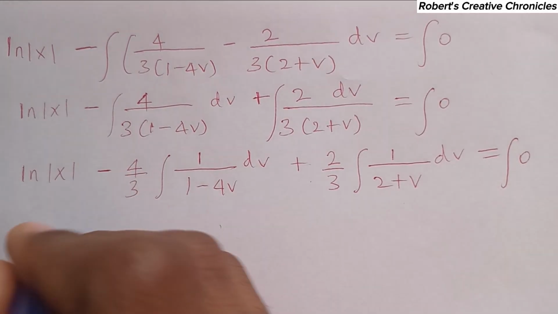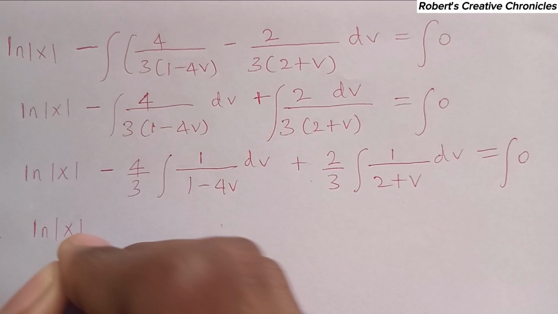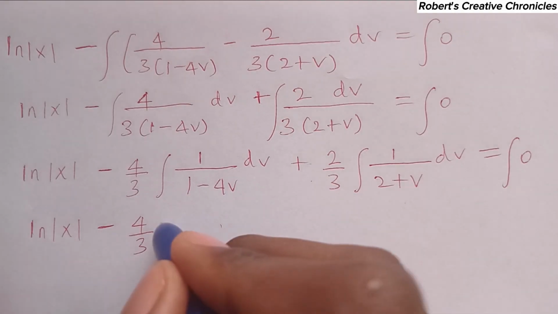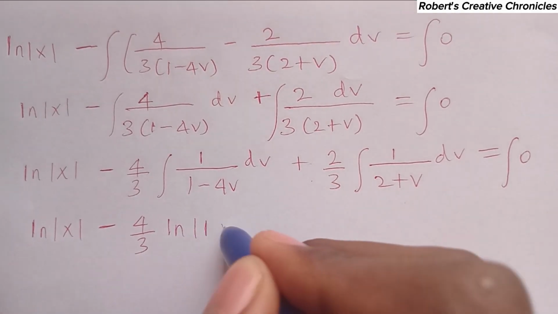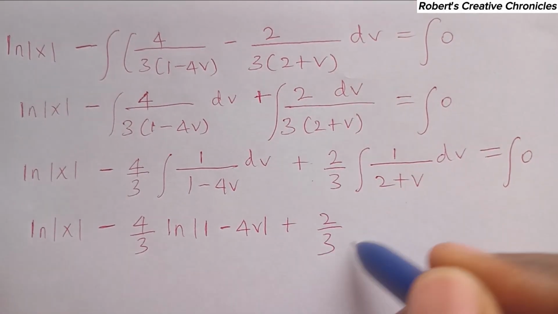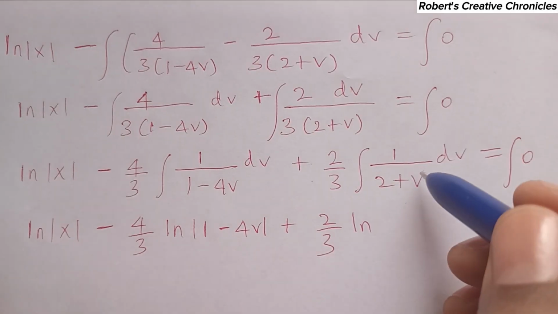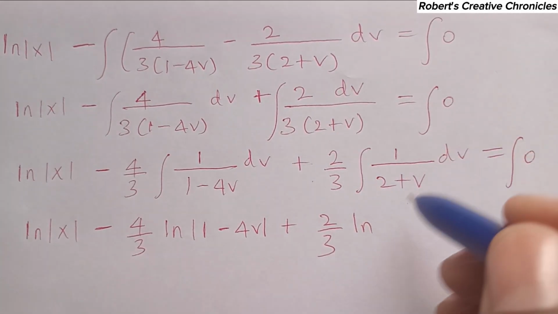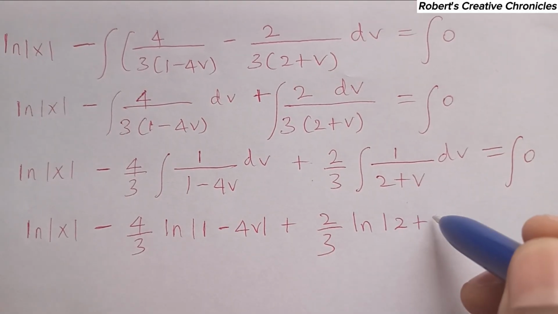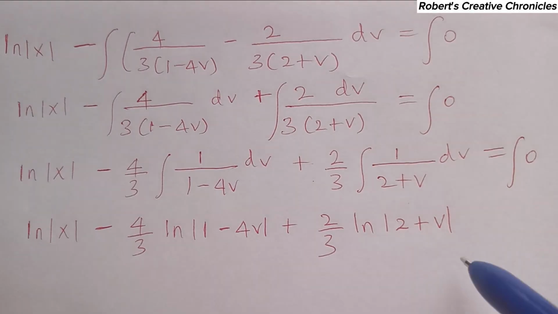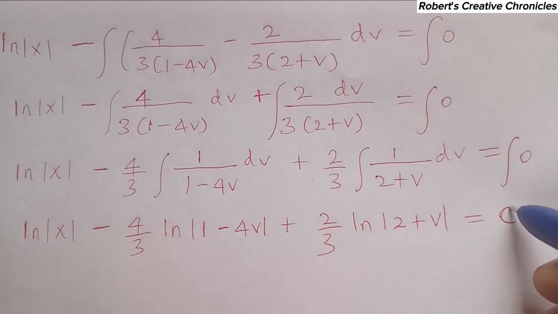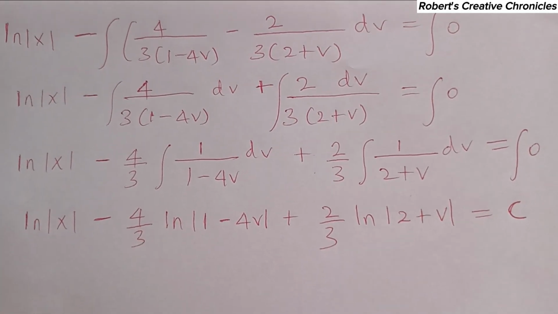So now, ln x minus 4 over 3, the integral of this is ln of 1 minus 4v, plus 2 over 3, the integral of 1 over 2 plus v is ln of 2 plus v. Then the integral of 0 is a constant, c.